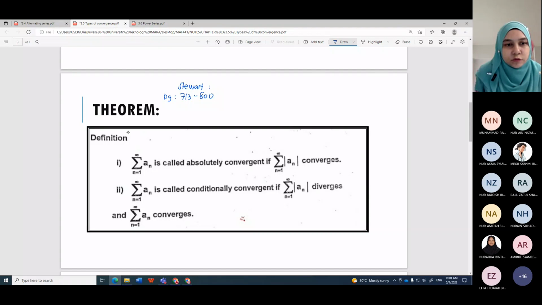Okay, so definition for this theorem. Okay, number 1, the series of an where n is equal to 1 until infinity is called absolutely convergent if the series of modulus a sub n where n is equal to 1 until infinity converge.